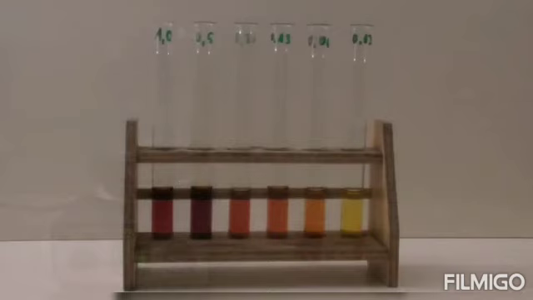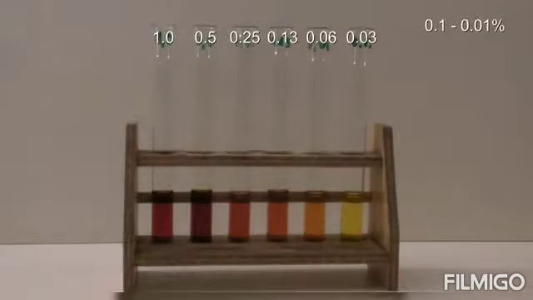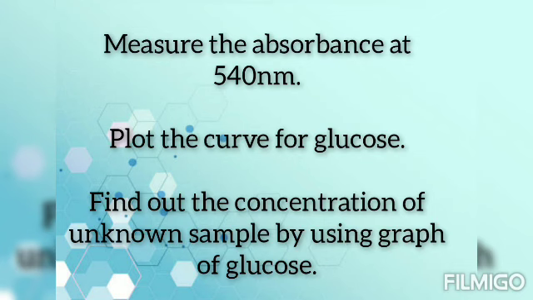That is, as the concentration of glucose decreases, the intensity of color also decreases. The concentration of 1 gram has the dark color, then 0.5 gram has low intensity of color. That means decrease in concentration of glucose decreases the intensity of color.